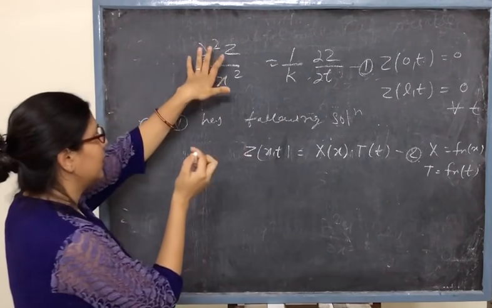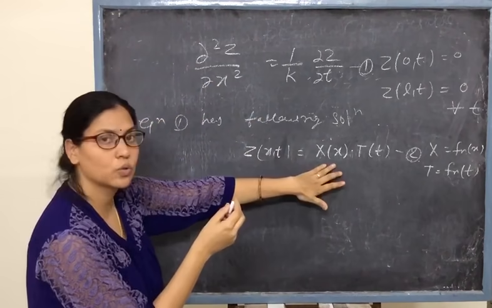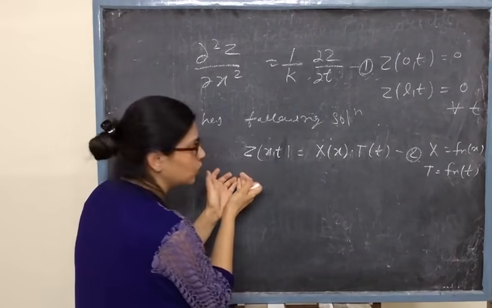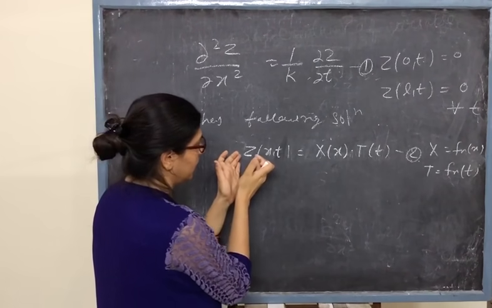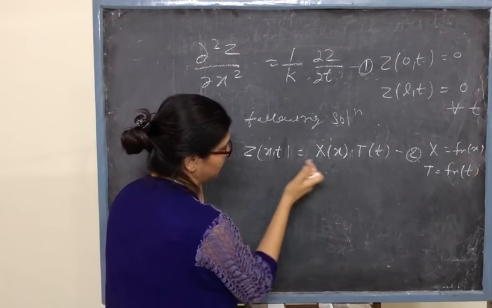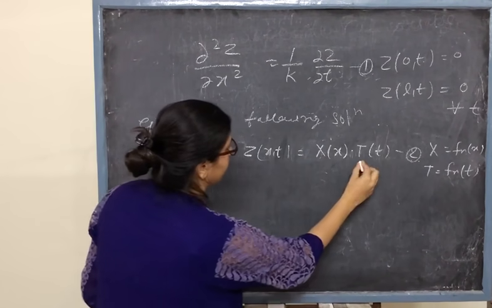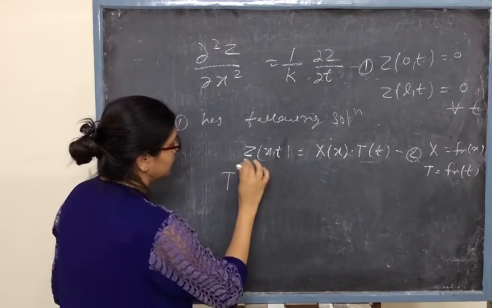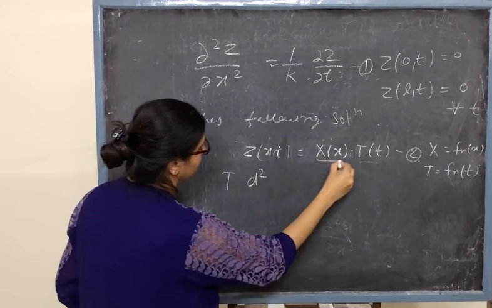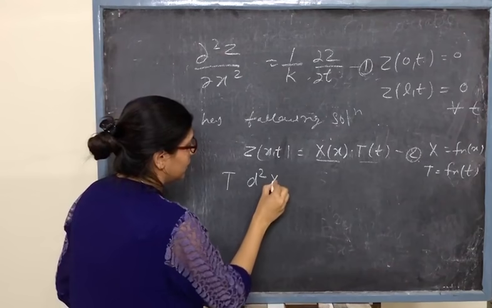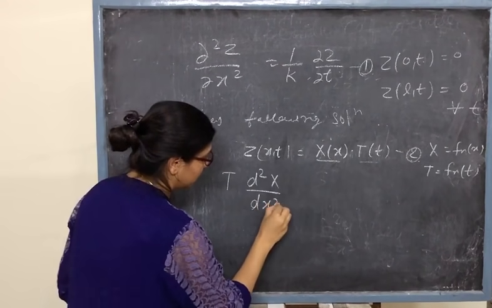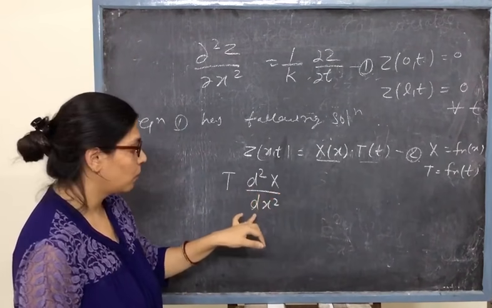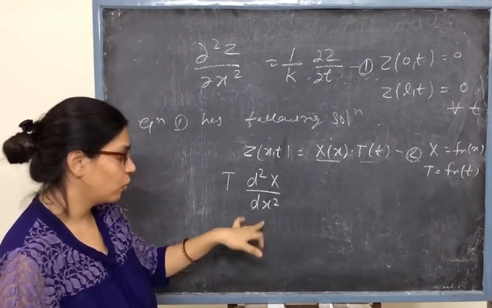So when we apply the partial derivative del 2z over del x square, differentiating z partially with respect to x, T is constant, so it remains T, and since X is only a function of x, it becomes the total derivative of X. Because X is only a function of x, there is no meaning of partial derivative, so we take the full total derivative.